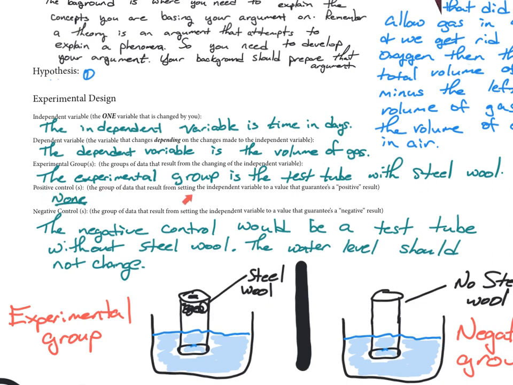Your positive control, there is no positive control in this experiment, but your positive control is when something you know is going to happen.